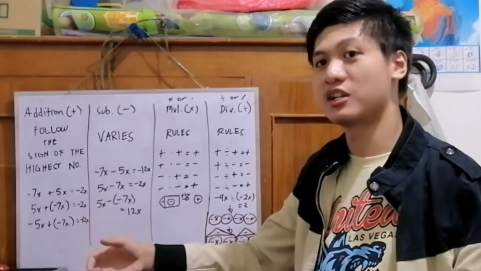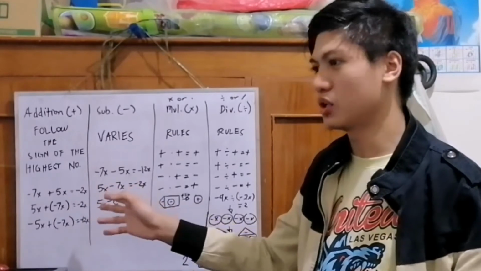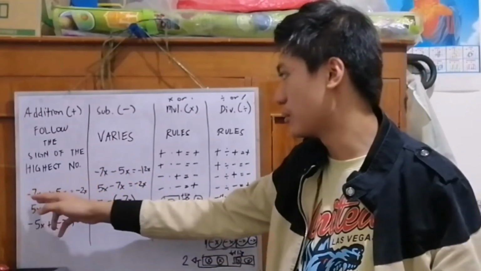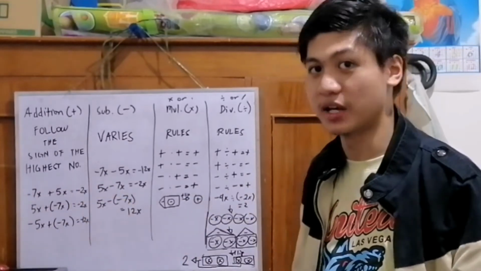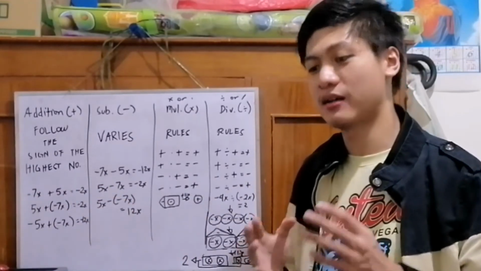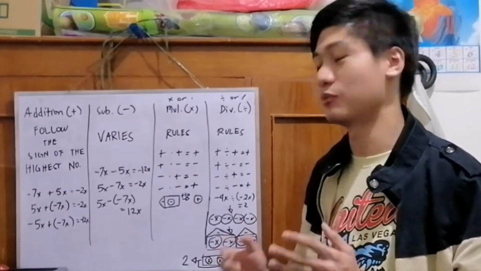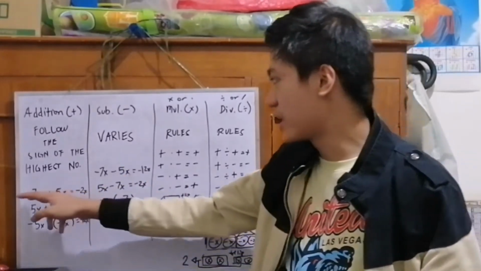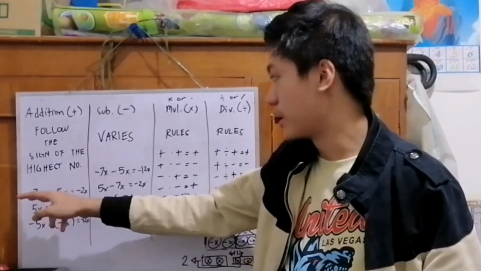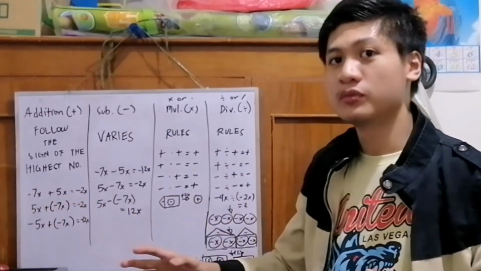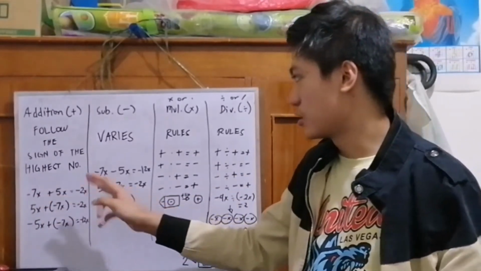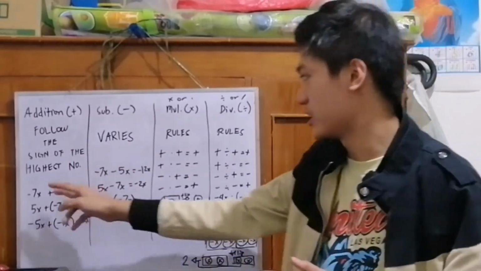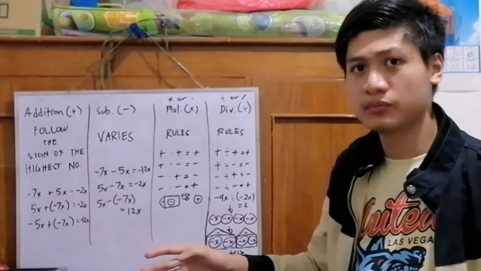It's easier to explain in algebra discs, but if we don't want to use algebra discs, this is what we're going to follow. We're going to follow the sign of the highest number for us to have the correct answer, negative 2. It's not the same as 7x minus 5x, which will give us an answer of positive 2x. But since we have a negative sign right here, all we have to do is look at which is the highest number among these two numbers.